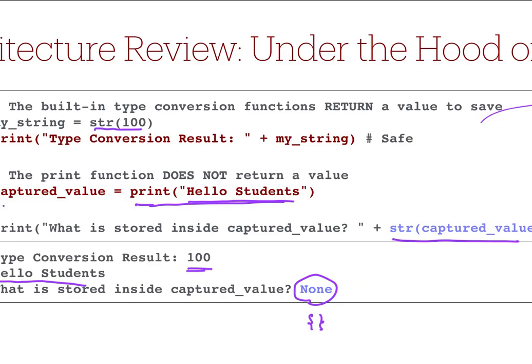But the print function does not return anything. Displaying the values of the objects is what the print function is doing, but that is not the output of the print function. So please distinguish this result on the display from the return value of the print function. Question?